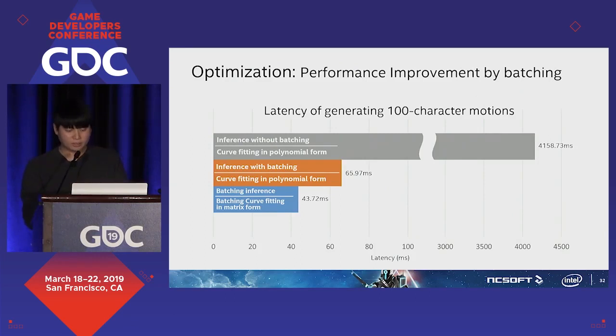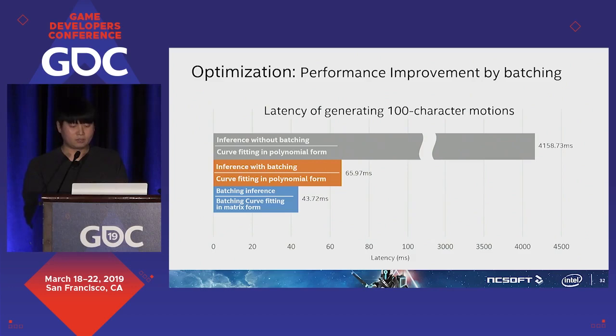We checked the latency of generating 100 character motions to find the performance improvement from batching. In the first test, we computed the inference task one at a time without batching, while performing curve fitting in polynomial form. It took more than 4,000 milliseconds, which is extremely slow.